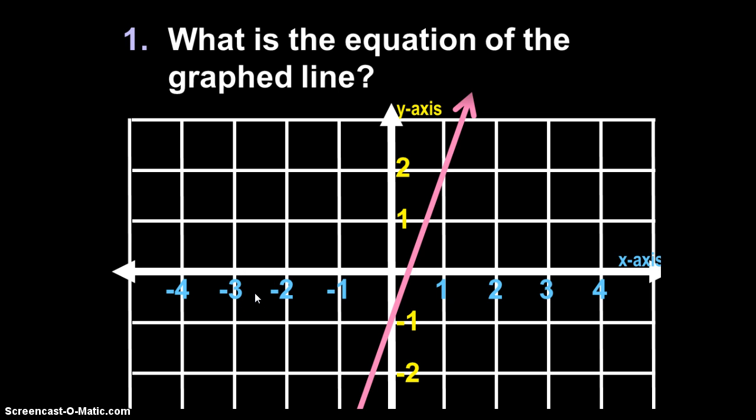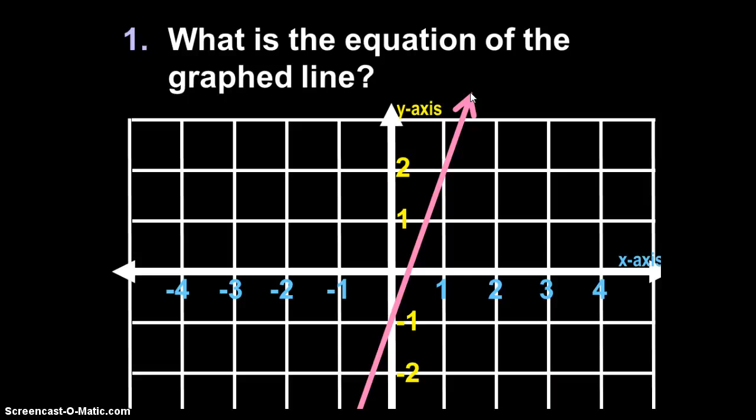Okay, now we have a graphed line. We want to find the equation of this line. So how can we find it? I told you the equation should be in the form of y equals mx plus b.